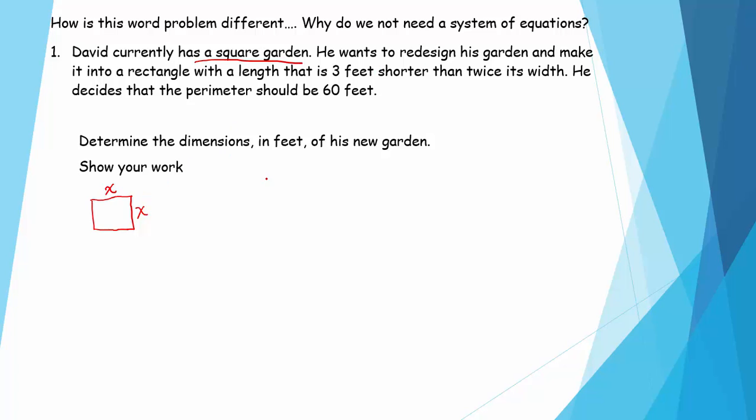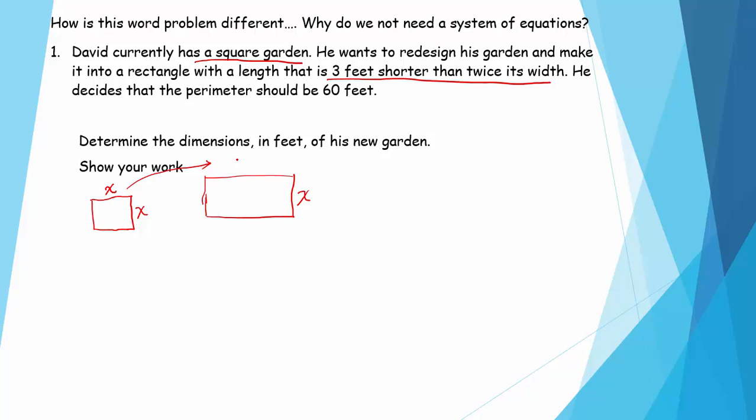He wants to redesign his garden to make it into a rectangle. So now he does want a rectangle where the length is 3 feet shorter than twice the width. So he's keeping the width of x, but the new length is 3 feet shorter than twice the width.